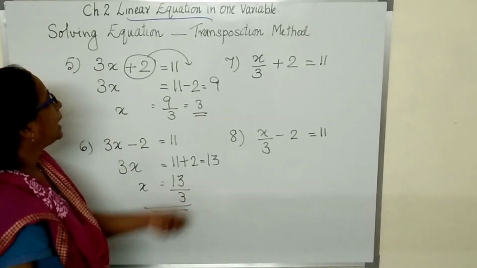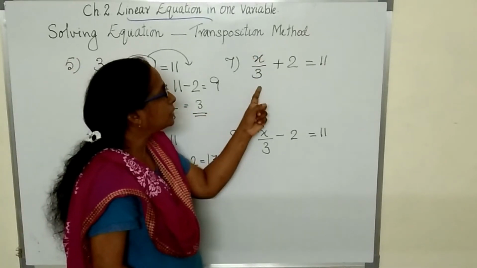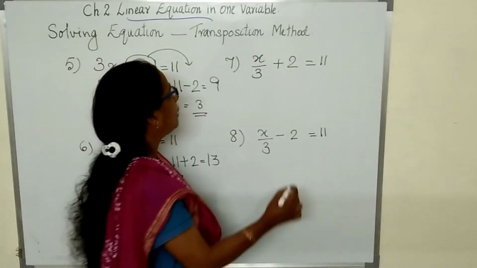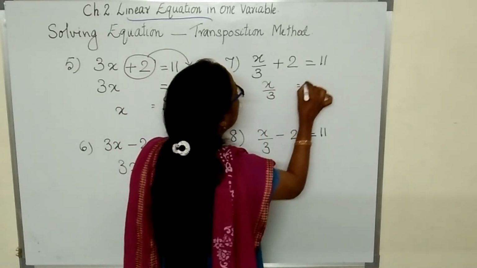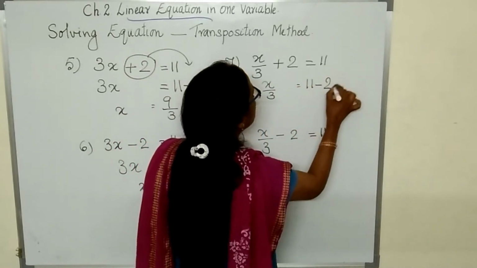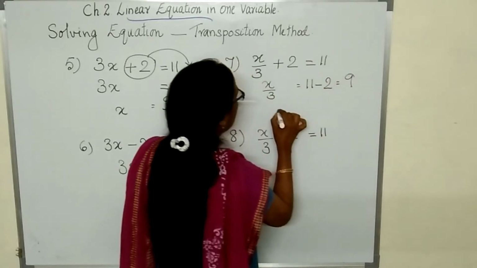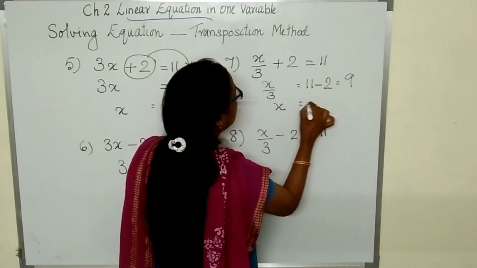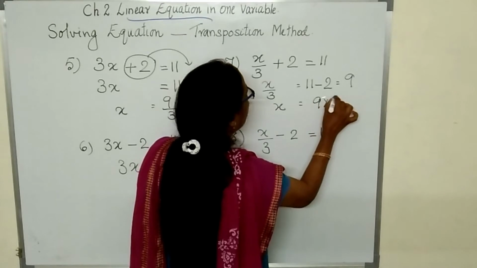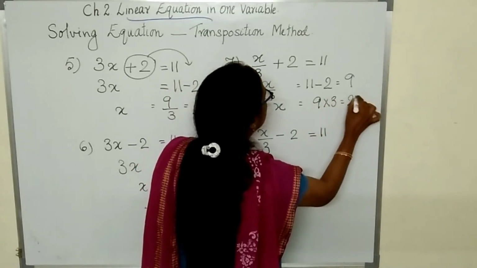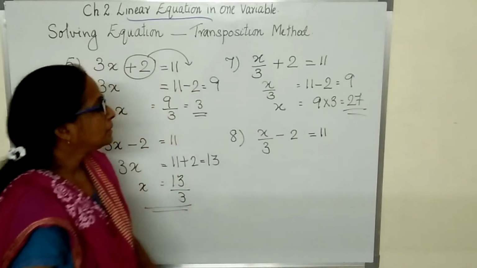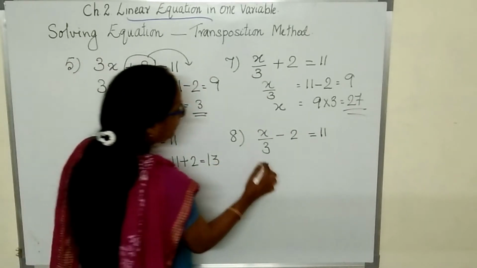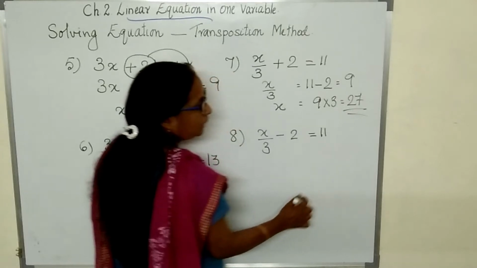Okay. And then if it is x upon 3 plus 2 is equal to 11, x upon 3 is equal to 11 minus 2, which is equal to 9. And x is equal to 9 multiplied by 3, which is 27. The same way here, x upon 3 minus 2 is equal to 11.